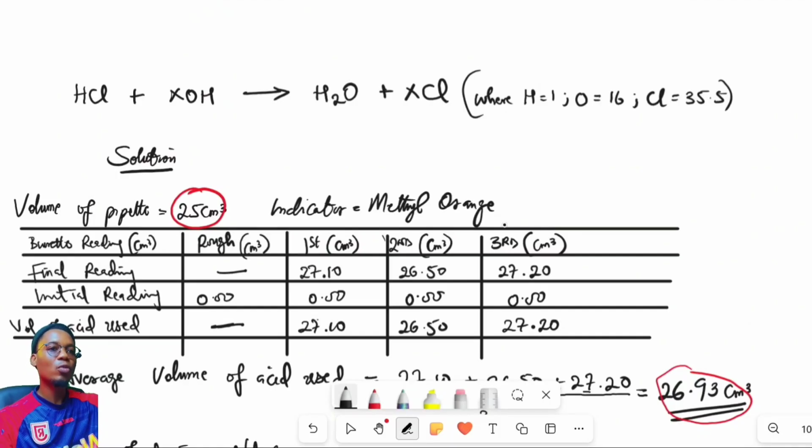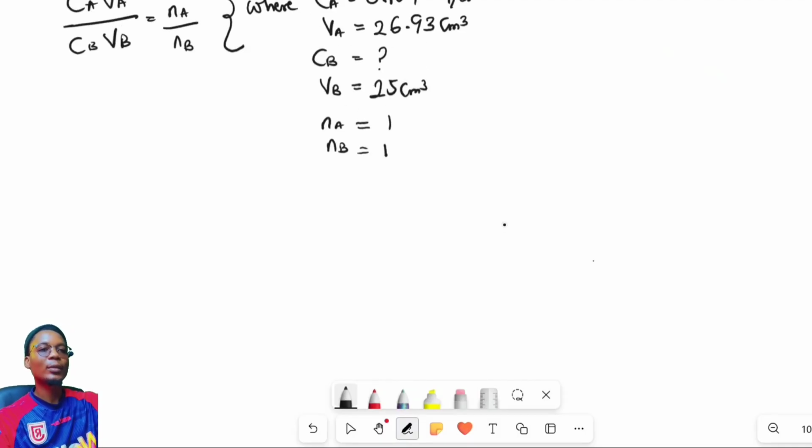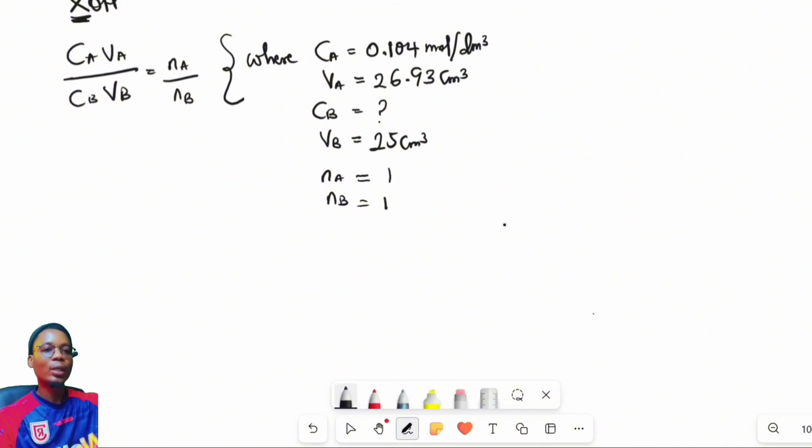Now our NA and NB will be taken from the equation. So we have 1 mole of all these compounds that reacted. So we're going to have NA as 1 and NB as 1. Are we clear now? So we quickly go over to start solving and substituting.